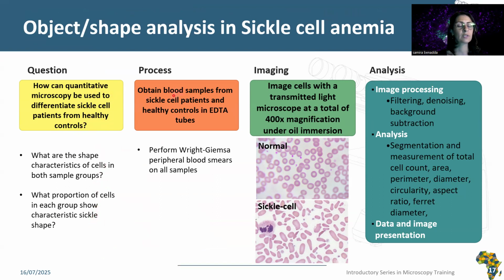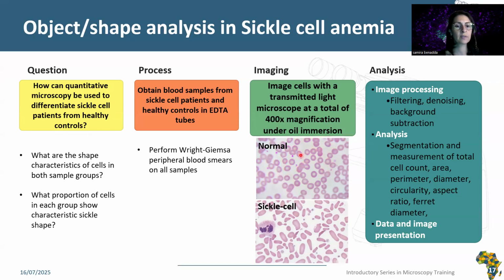So it makes sense to take a blood sample from a sickle cell patient and from a healthy control. After we prepare it, we use just transmitted light at 400 magnification with oil immersion, and we can see the difference in shape very well.